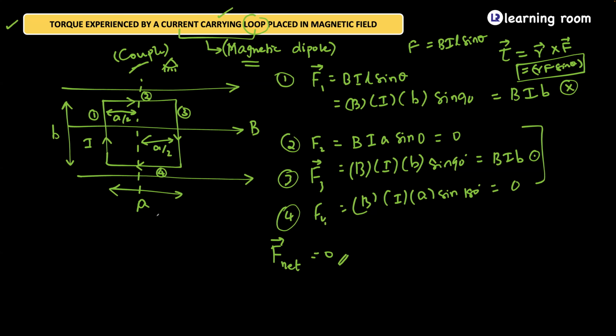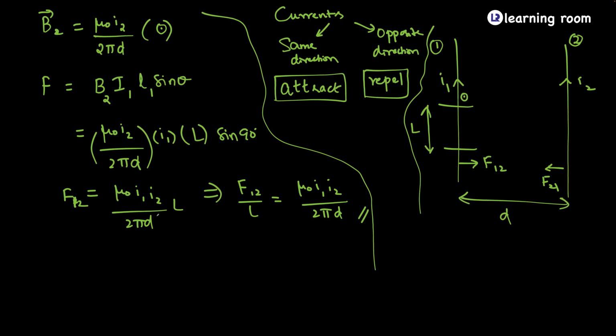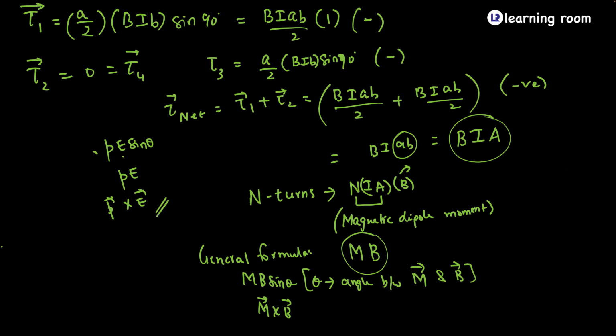So the minus sign that I wrote here is actually minus j cap. It means the whole system will rotate in the clockwise direction and come in the minus j cap direction. So this minus j cap is only for this particular diagram. So don't generalize it everywhere.